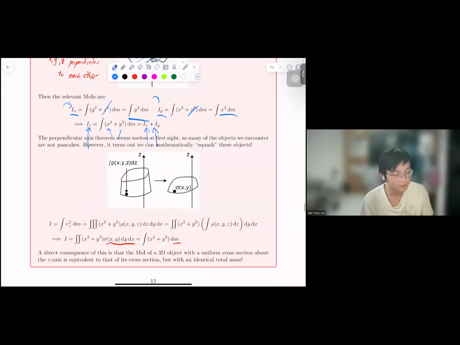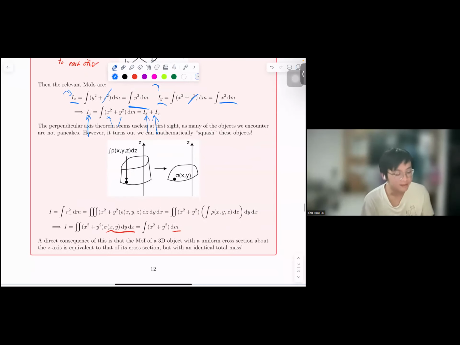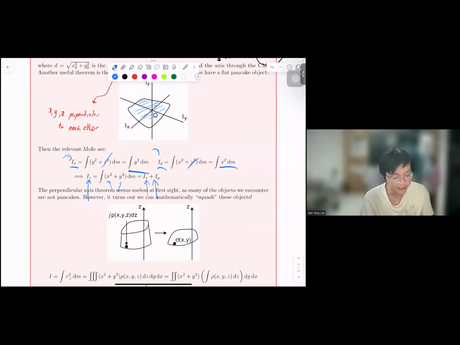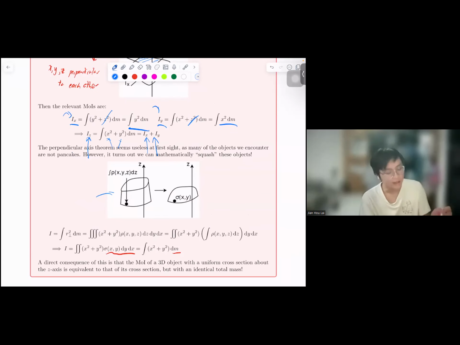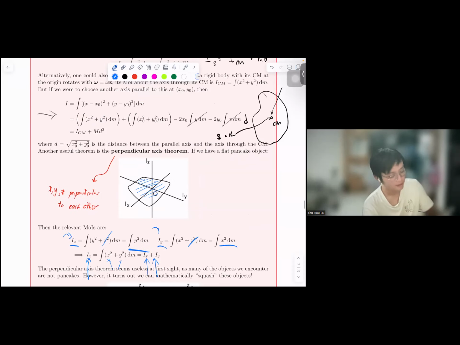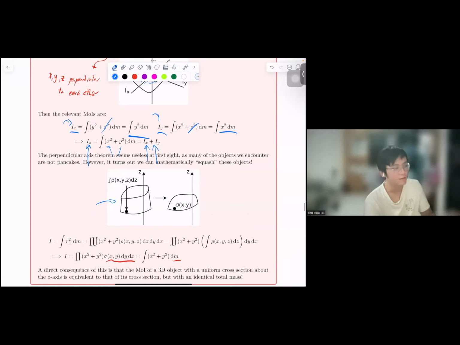Maybe you want to think about how we can apply this in a real problem. Most of the objects we consider are not two-dimensional, not flat only.